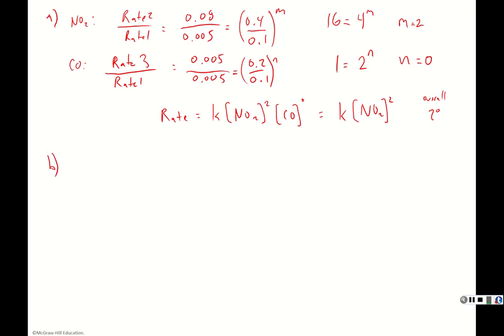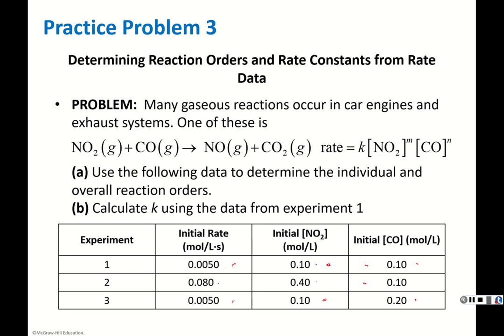Right, so now we can use experimental data in the table to determine K. It doesn't really matter which experiment you use for this. You can use any of these 3 experiments, but let's just go with the values from experiment 1.